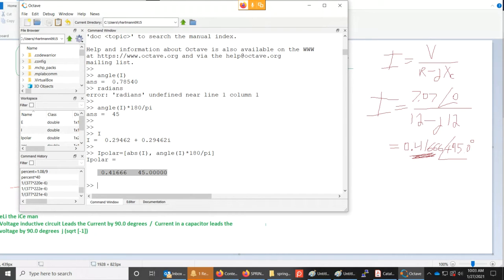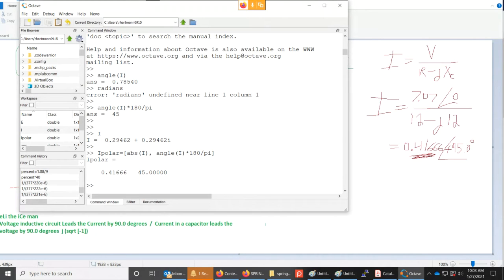Instead of doing one and then the other, you can just do this real quick here. One of the nice things about this Octave software is you can hit the up arrow key and recall previous commands.